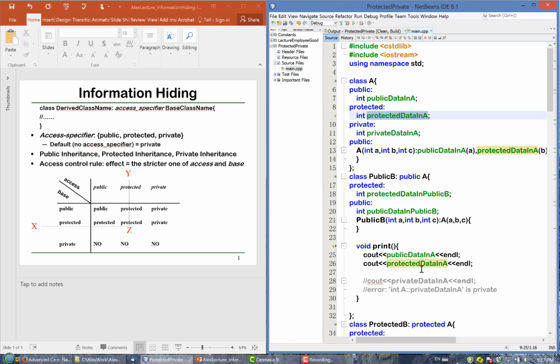So for this example, the accessibility of protected data in A is the same as the protected data in this derived class public B.